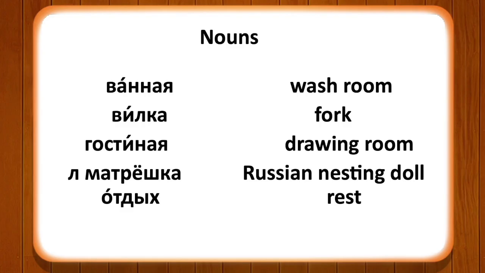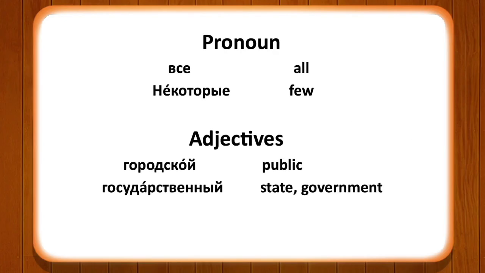Гостиная means living room or drawing room. Матрешка means traditional Russian nesting doll. Отдых means rest. Все means all. And некоторые means few. These are 2 examples of the pronouns.